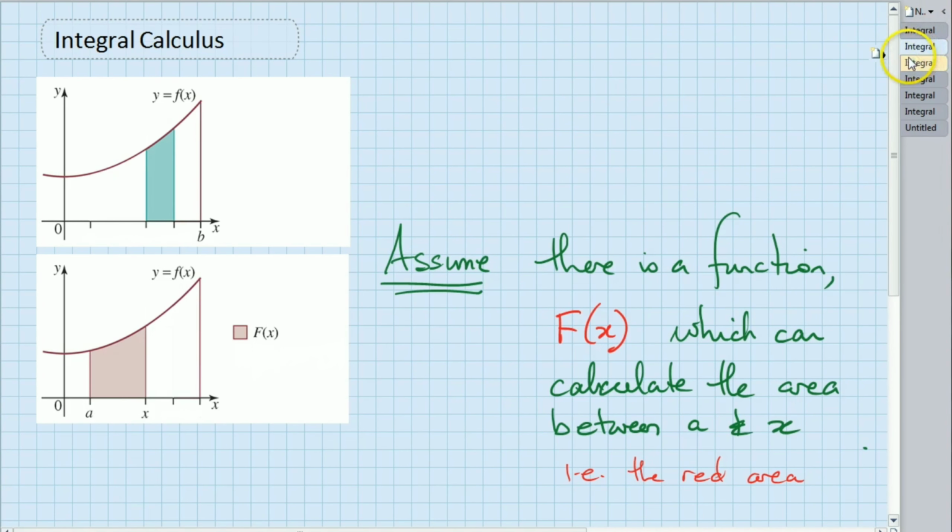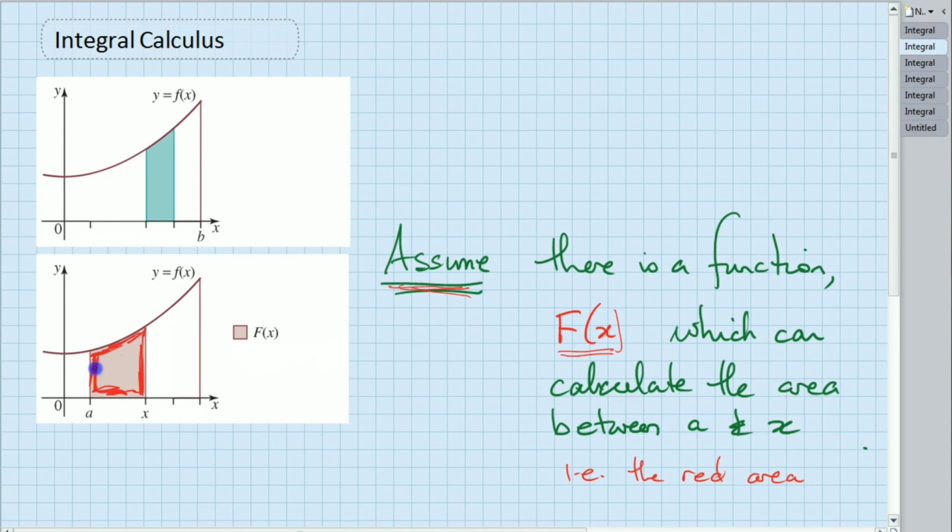So what I'm going to do is, for the time being, I'm just going to assume that there is a function, which is the function capital F of x, which can calculate the area between a and x. What I mean by that is that there is a function that exists, we don't know what it is just yet.